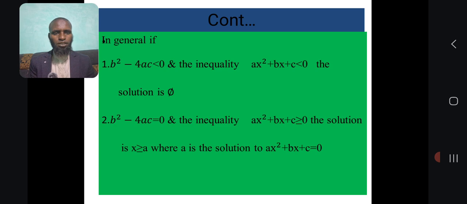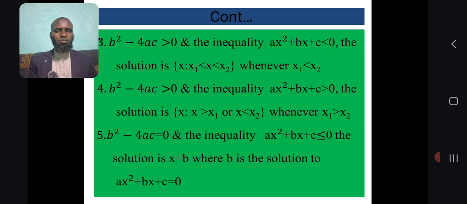It's a perfect square, and the solution is x greater than or equal to a, where a is the solution to x squared plus bx plus c equals 0.